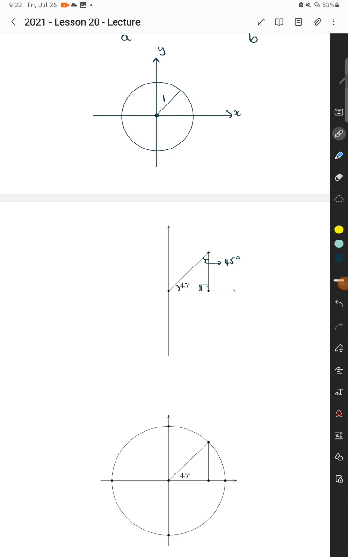Now, if we have this, how do we get the length of the base of this triangle, and the height of this triangle? In other words, what is the length of the opposite of 45 degrees and the length of the adjacent of 45 degrees? We are going to take the hypotenuse to be equal to 1.